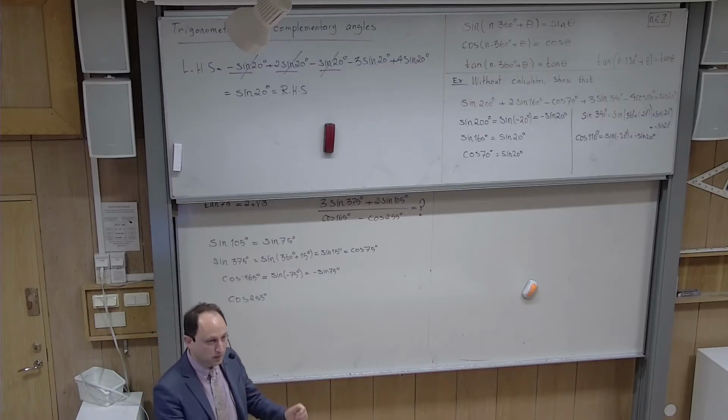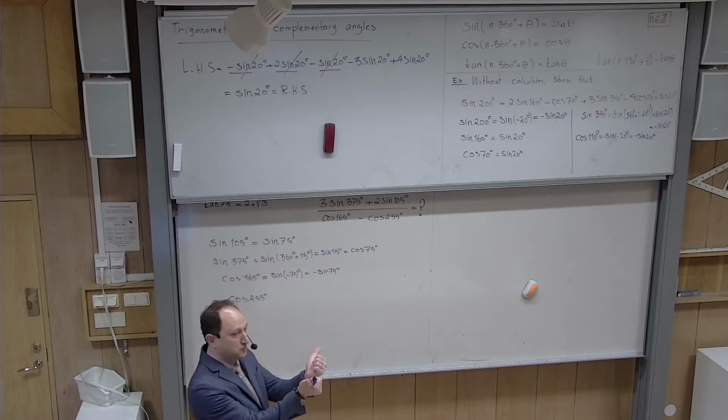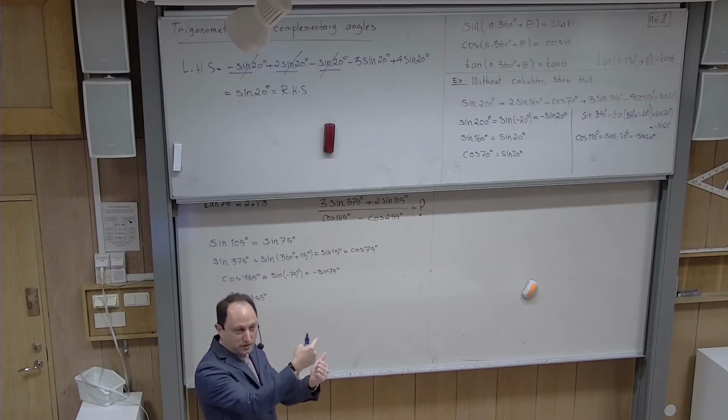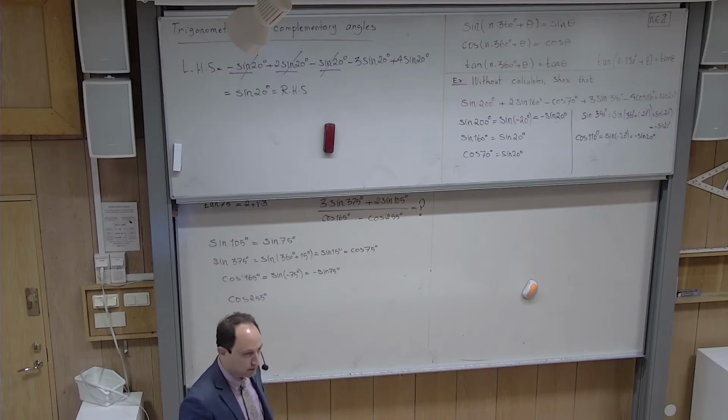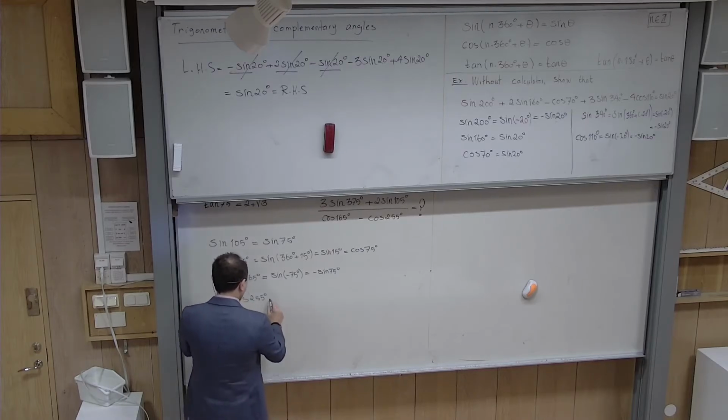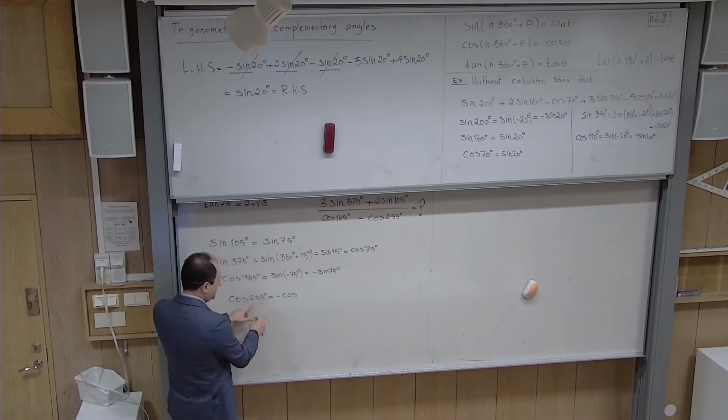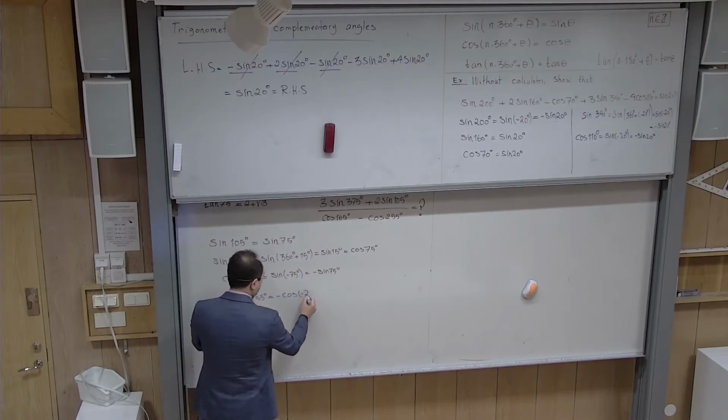Can you visualize supplementary angles? One of them was here, the other one was opposite, horizontal opposite. So the x coordinates are negative of each other. So this becomes a negative of cosine of its supplement, which is minus 75 degrees.